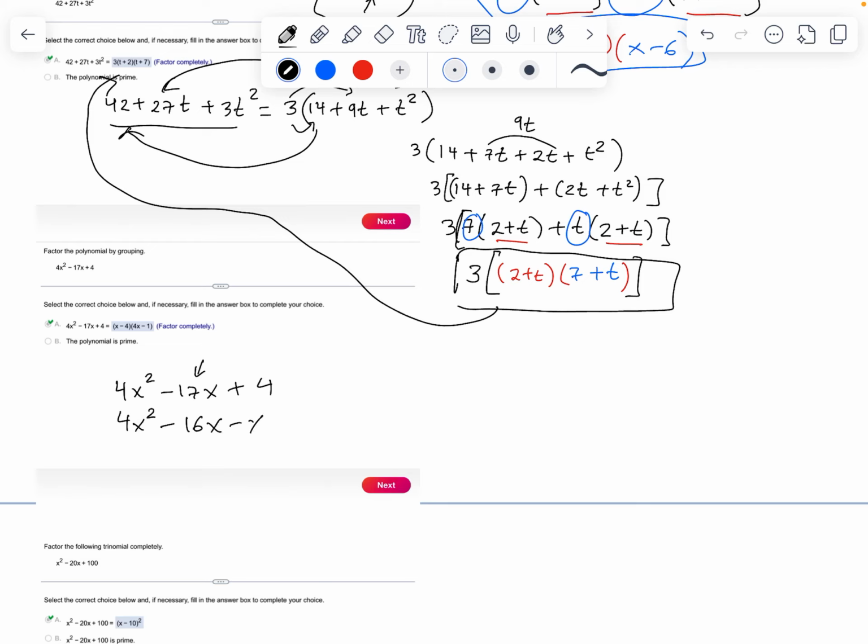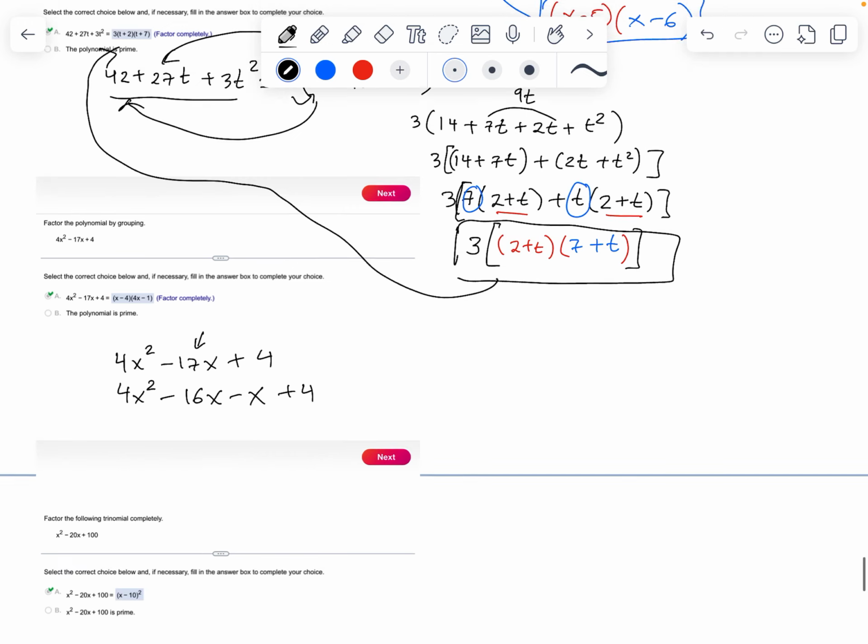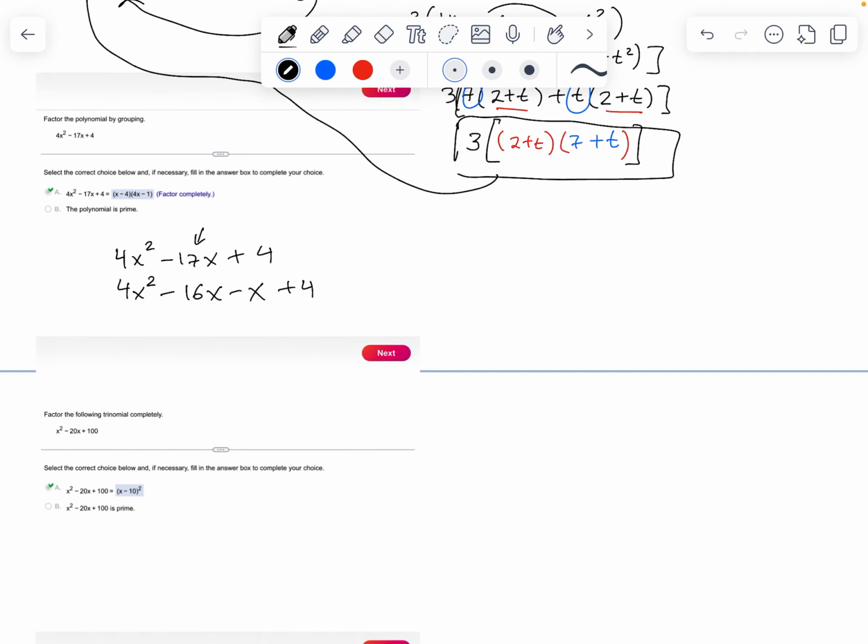If I do 16x and 1x, negative 16 minus 1 gives back negative 17. Okay, and I put over here plus 4. So this expression still yields negative 17x.